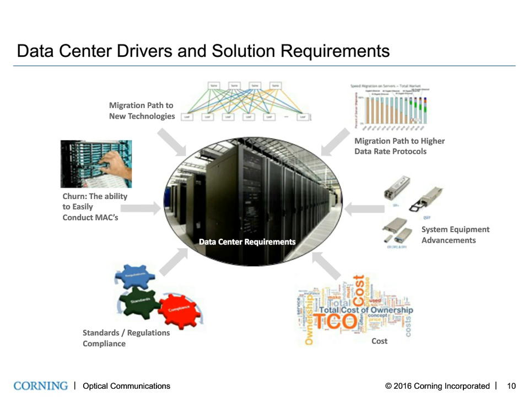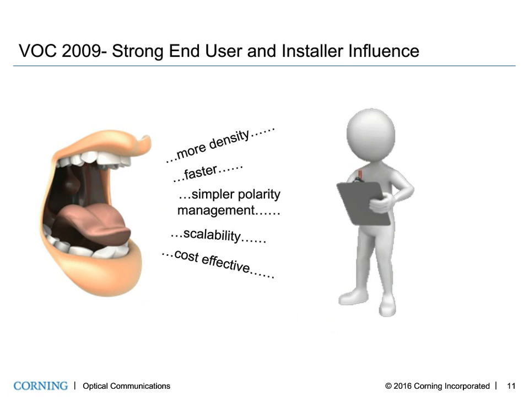So when we started in 2009, before we released EDGE, we did this multi-year effort to understand everything in the market. At the time, end users and installers gave a lot of feedback on the usability of the product features themselves.